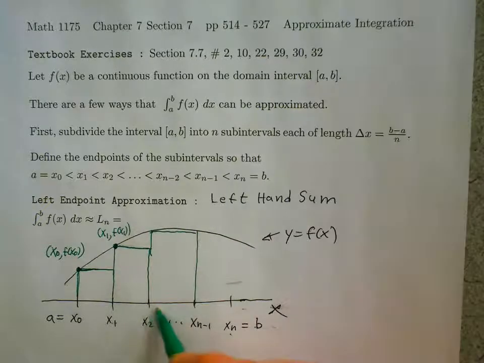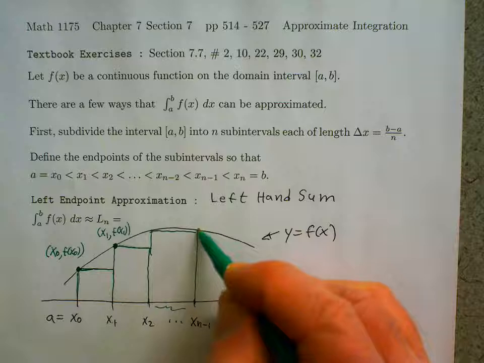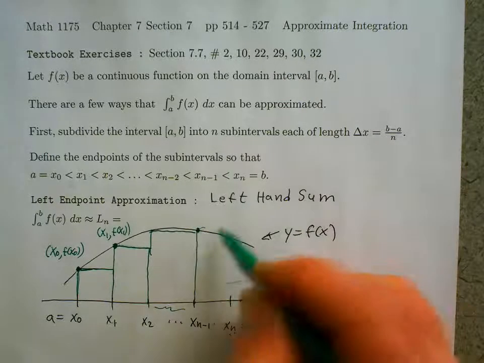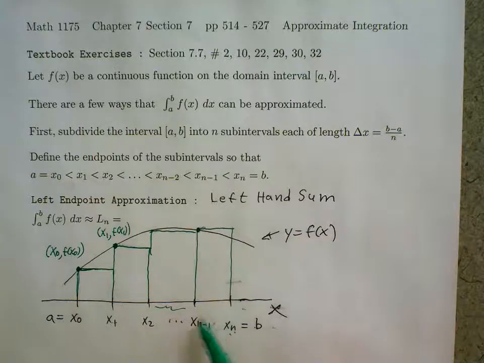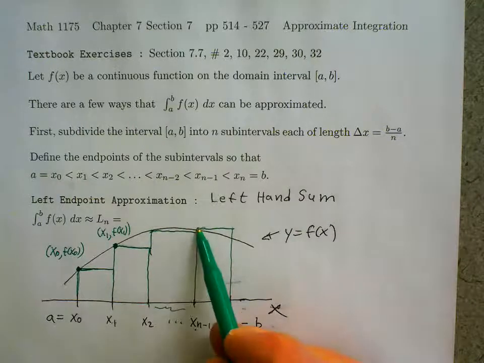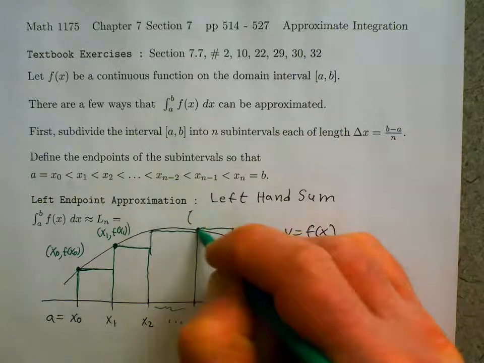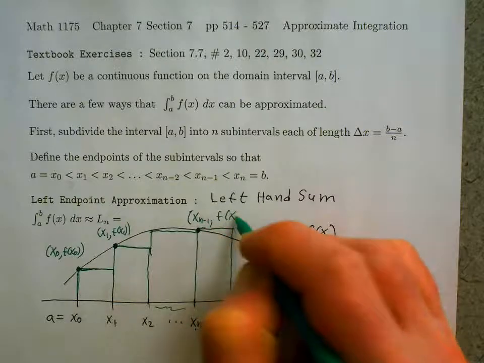This one is not to scale, but on the other end, we have x sub n minus 1 to x sub n. We construct a rectangle using the left endpoint to determine the height of that rectangle. So this ordered pair is x sub n minus 1, f of x sub n minus 1.